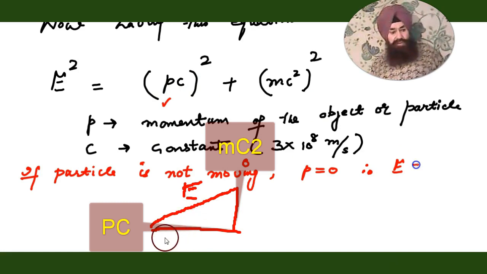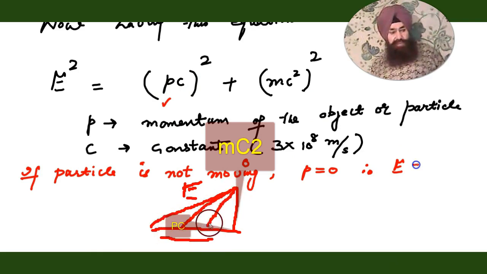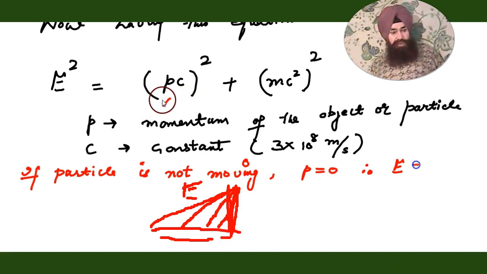You are making this value smaller and smaller. So E becomes like this, E becomes like this, for this much momentum. And if total momentum is 0, then E comes along this side, meaning E equals mc². Or from here, if P is 0, then E equals mc².